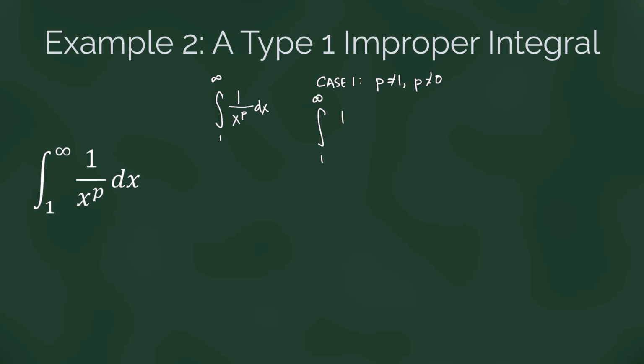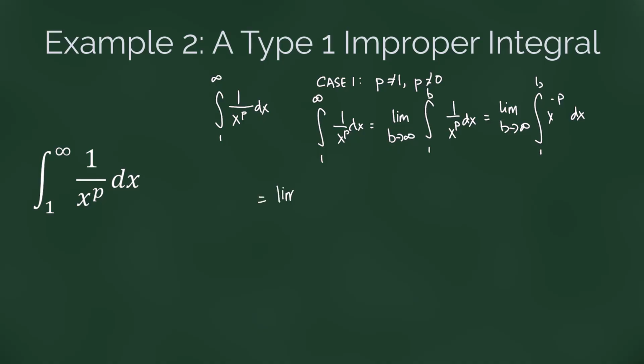So when p is not equal to 1, we know again that this integral is going to be the limit as b approaches infinity of the integral from 1 to b of 1 over x to the p dx. Since p is not 1, this becomes the limit as b approaches infinity of the integral from 1 to b of x to the negative p dx, which is the limit as b goes to infinity of x to the negative p plus 1 all over negative p plus 1 evaluated from 1 to b.